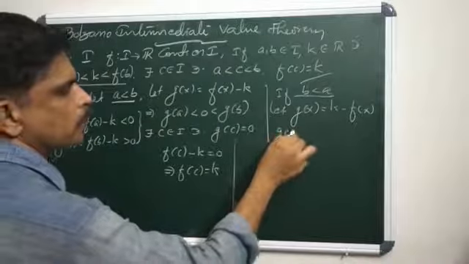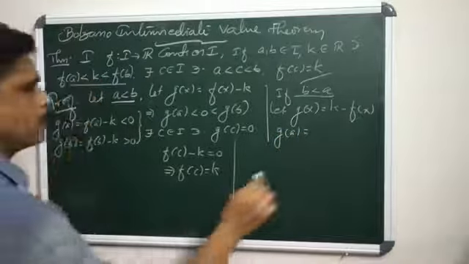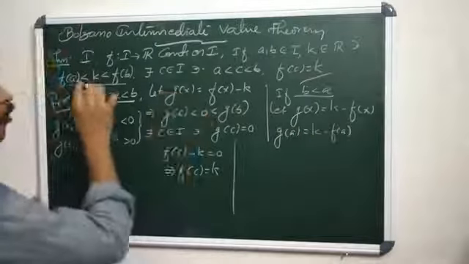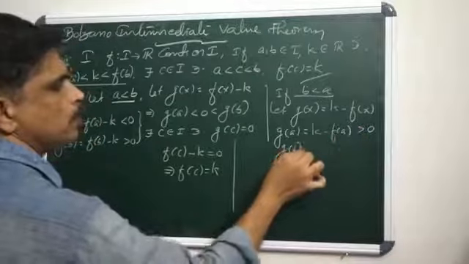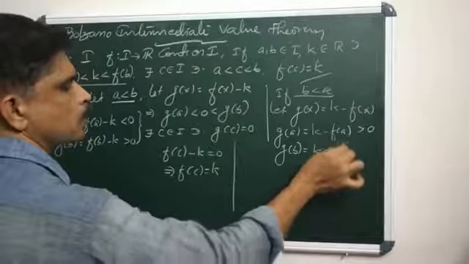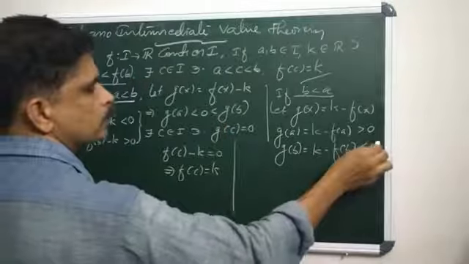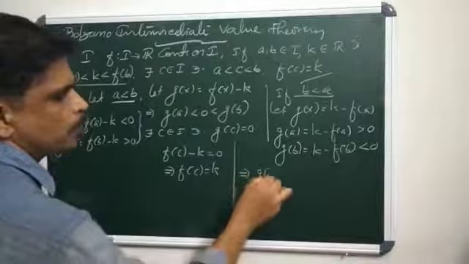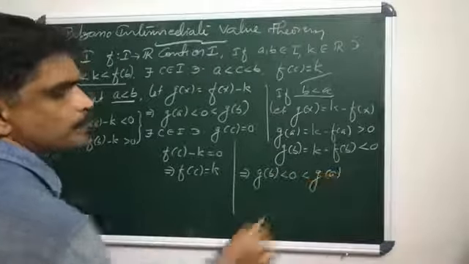So what is g(a)? g(a) is k minus f(a), which is positive. What is g(b)? g(b) equals k minus f(b), which is negative. Sure. That means g(b) is less than 0 less than g(a).